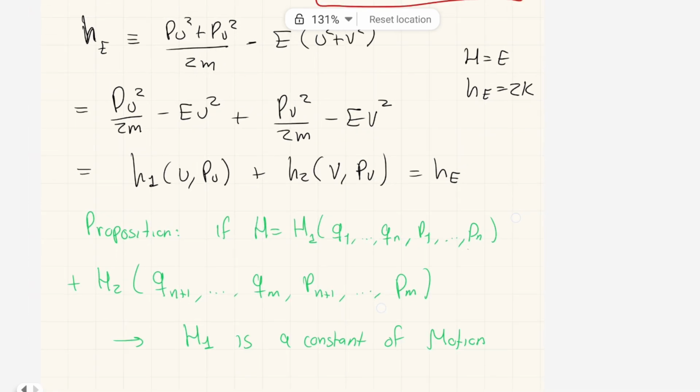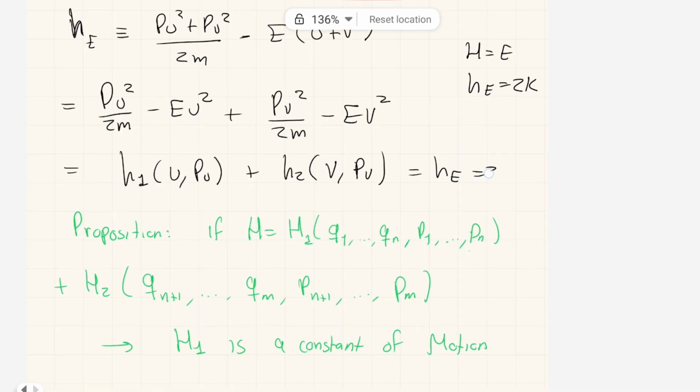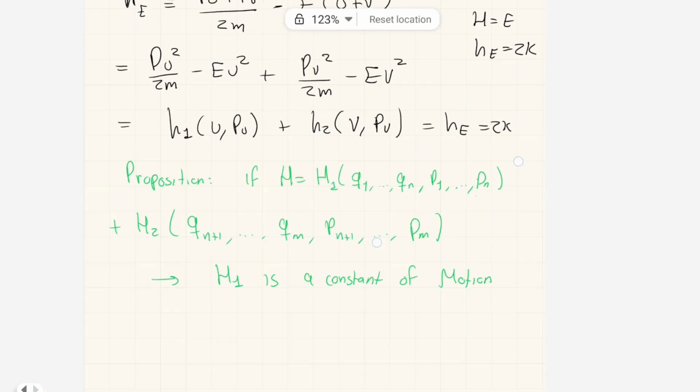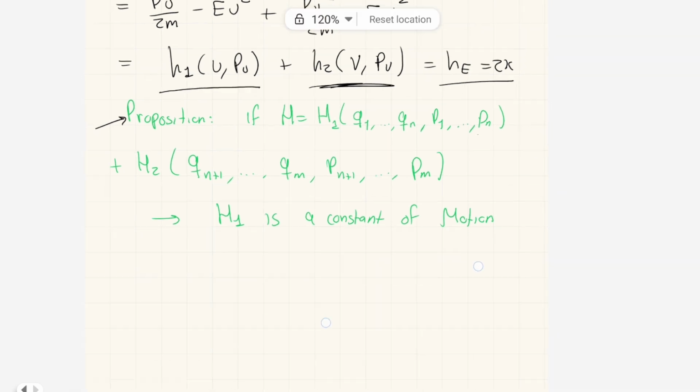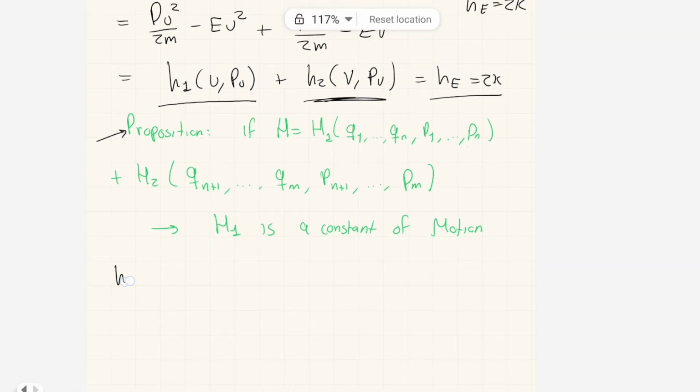So this H_E equal to 2k is a constant of motion. If h1 is a constant of motion due to this proposition, and H_E is also a constant of motion, that means that h2 needs to be also a constant of motion. And actually we can say that h1 plus h2 is equal to 2k.